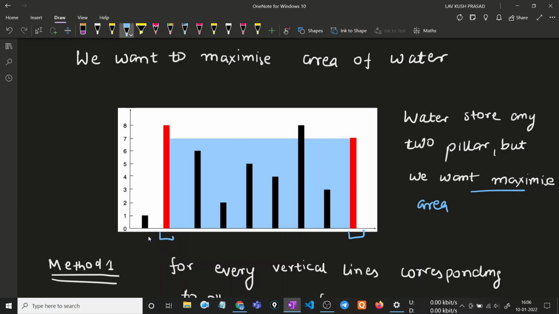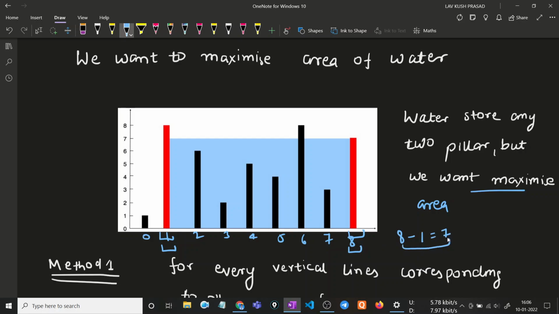Suppose we also write down the indices here: 0 1 2 3 4 5 6 7, right? So the distance between this vertical and this vertical is equal to 8 minus 1, which is equal to 7.